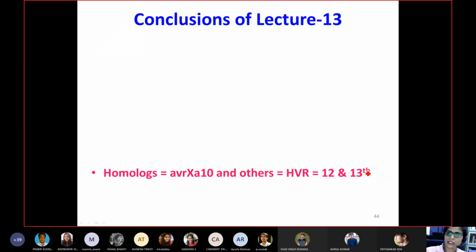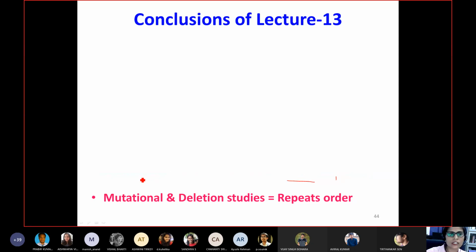And in all these cases, the 12th and 13th amino acids were always found to be a hypervariable region. That means it did not match from one repeat to another; it varied from one repeat to another. So this is what we have seen so far. And based on mutational assays of the repeats, because for functional assays the normal strategy is either you mutate, or you swap one base pair with another and see whether you get similar effectiveness or a different, mutated effectiveness.